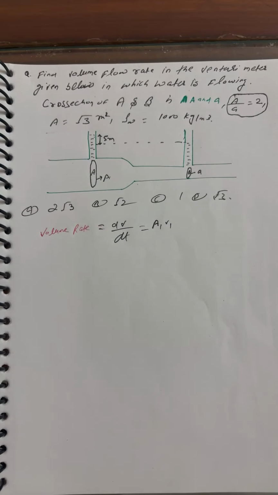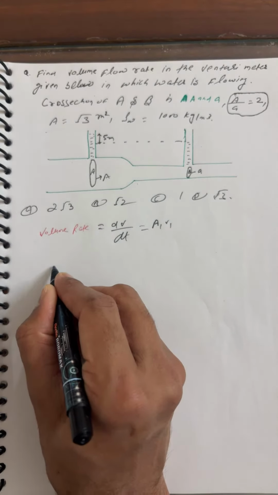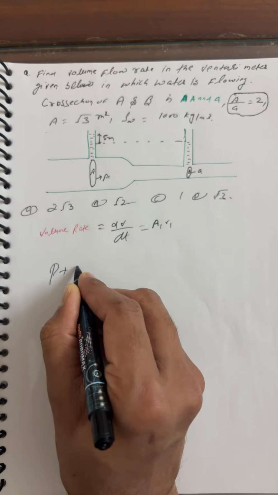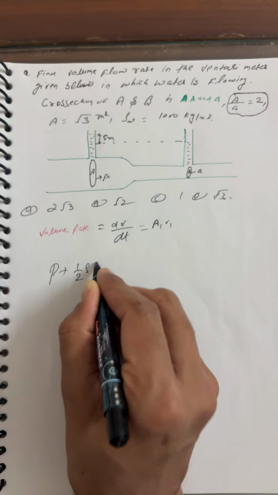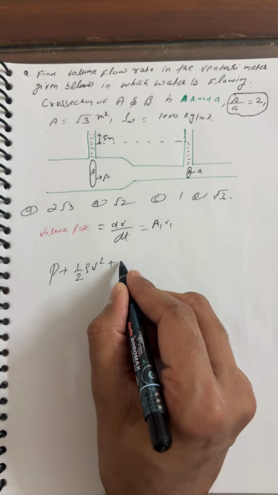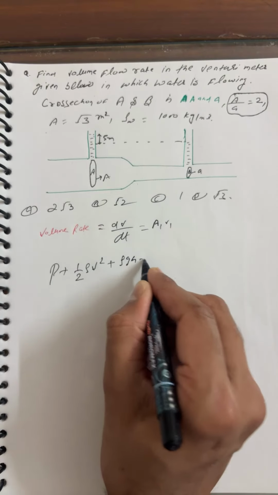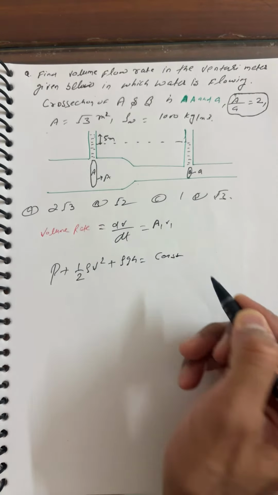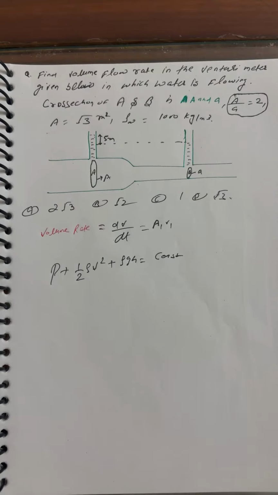This is P plus rho g h plus half rho v square is equal to constant. This is basically constant.